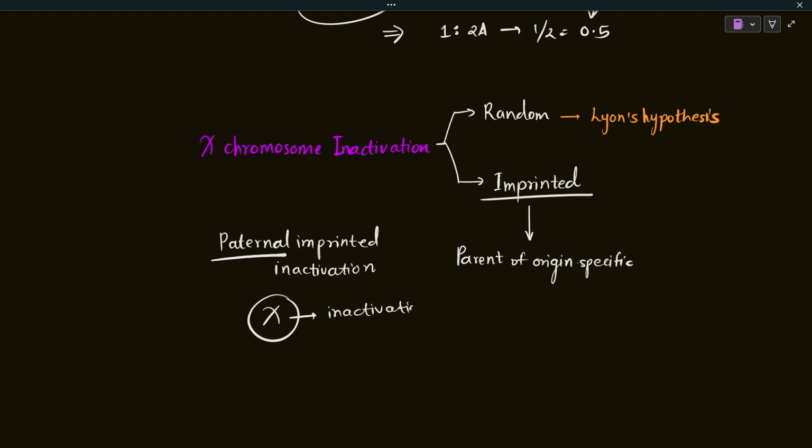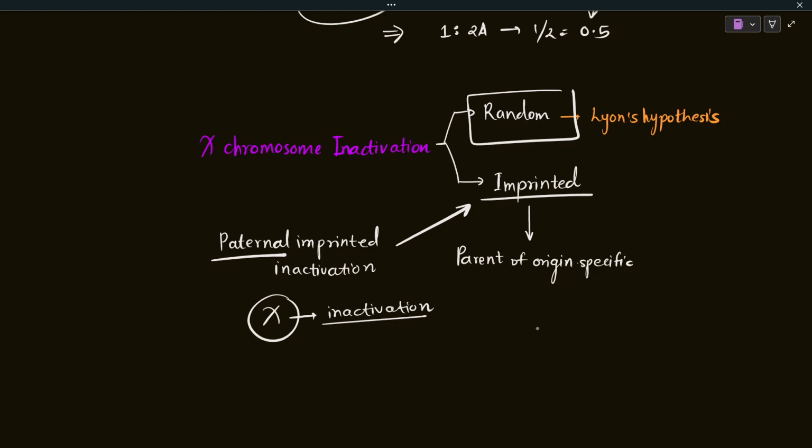Always, no matter in which embryo it happens, in all of the cases, the X chromosome which is inherited from the father will be inactivated. So this is already decided. Such inactivation is known as imprinted X chromosome inactivation. But in humans we have random X chromosome inactivation. Then why did I say that humans show paternal imprinted inactivation? Yeah, we'll discuss that.